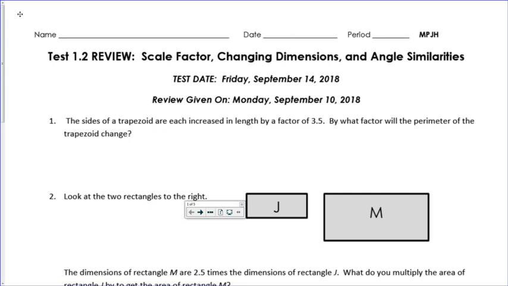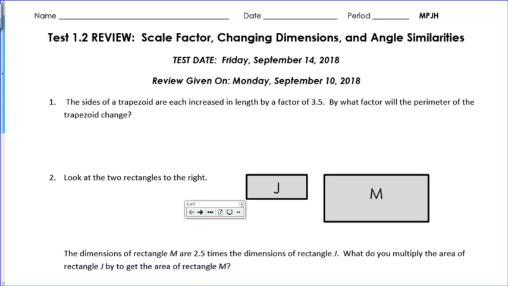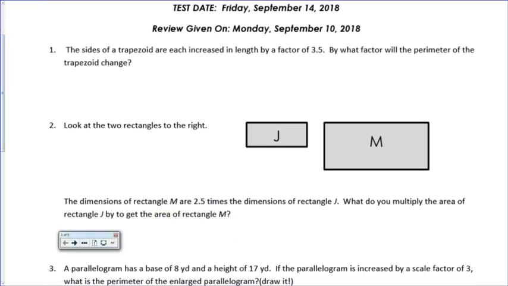It says, look at the two rectangles to the right. The dimensions of rectangle M are 2.5 times the dimensions of rectangle J. What do you multiply the area of rectangle J by to get to the area of rectangle M? So when you're looking, you're going from J to M. So you have to figure out what you're multiplying by.